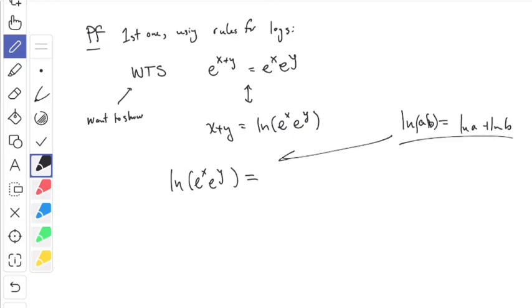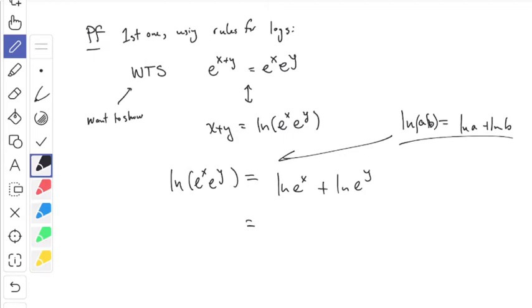What does it look like? It looks like ln e to the x plus ln e to the y, right? And what is ln of e to the x? It is x. Yeah, this is what I said, the very first thing I said today.